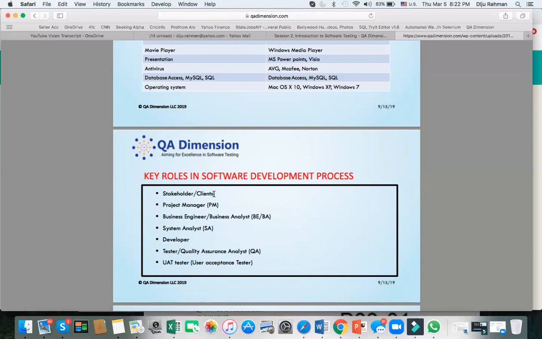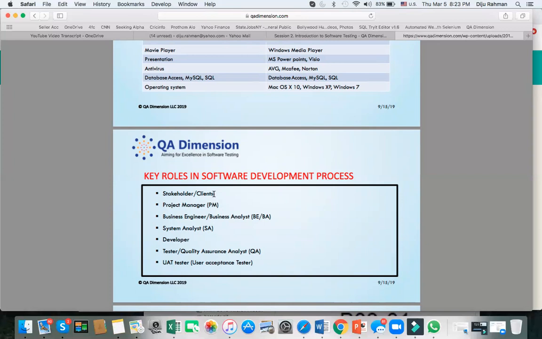It can be by giving money, or they may be the ones saying, okay, for our business model, we need to build this, or we need something that will work like XYZ. So they are the ones who initiate the whole process. Does that make sense? Yes.